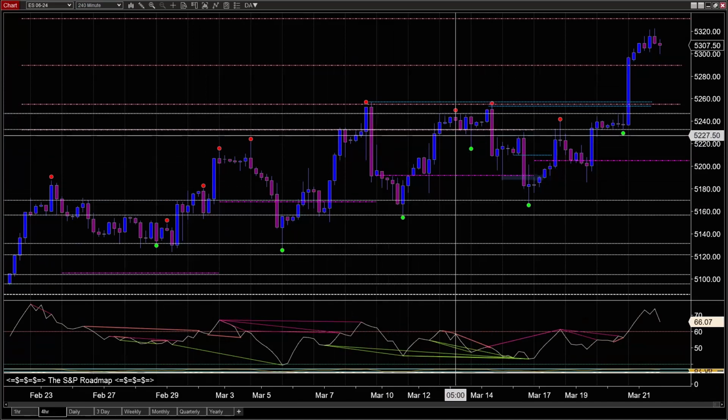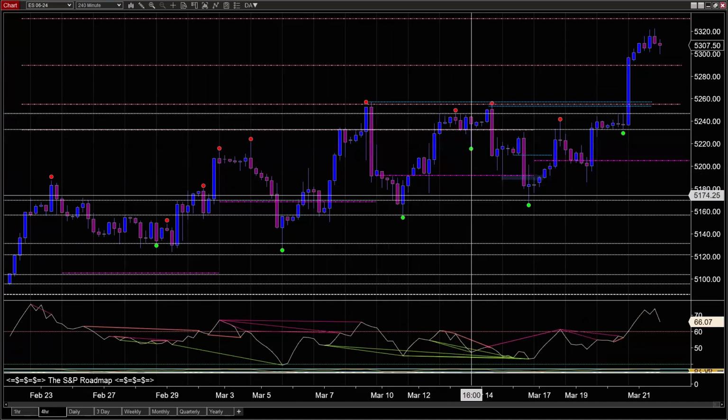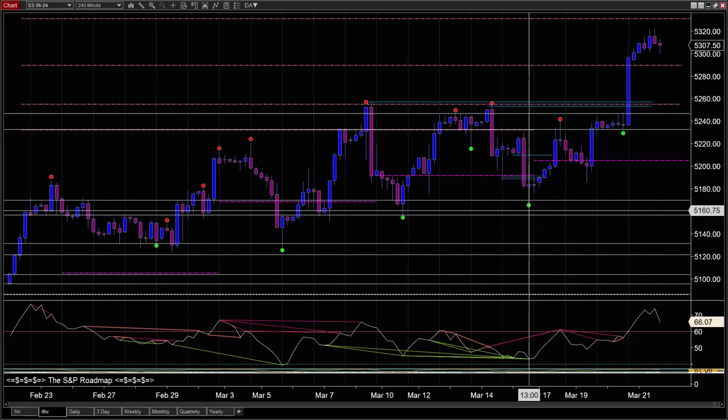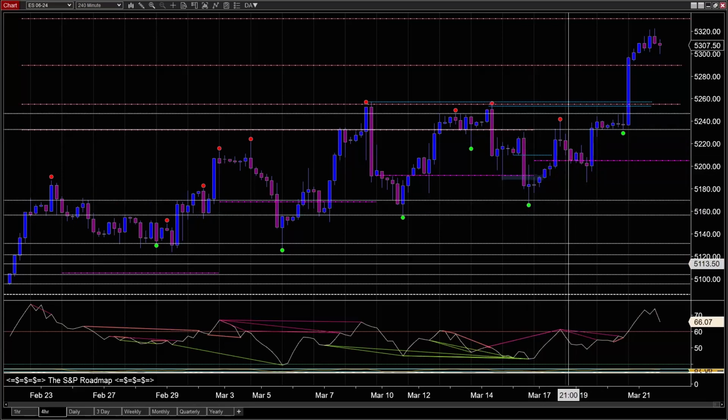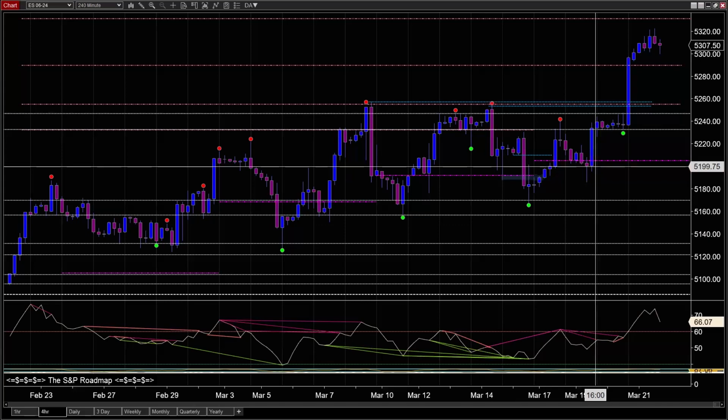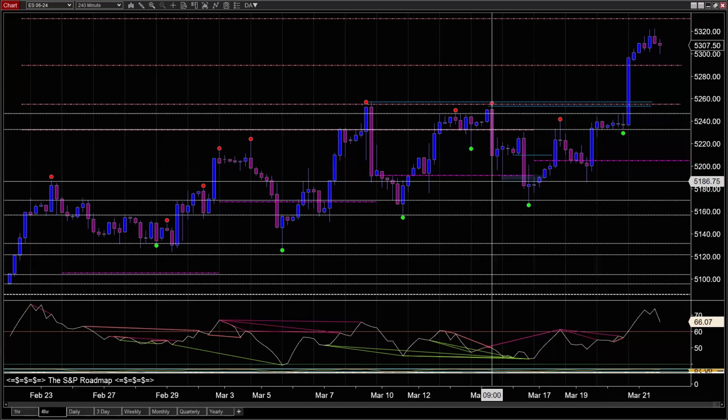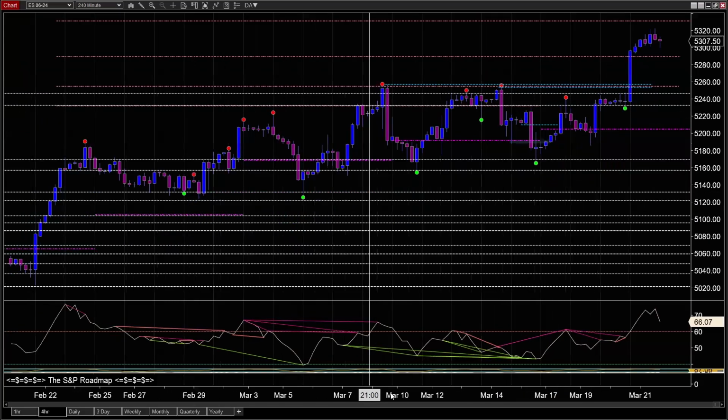So little intraday market rotations will typically have a nice 4-hour signal that leads the push. Now, again, caveat is it's not necessarily there every single time there is a rotation in the market. However, it is there more often than not when we get these turns, right?